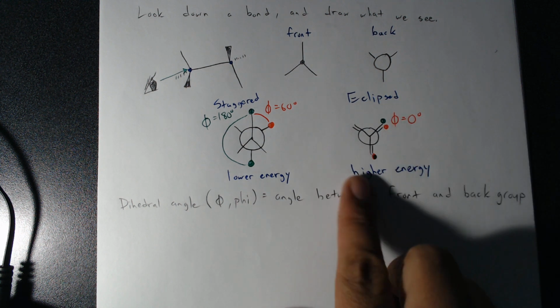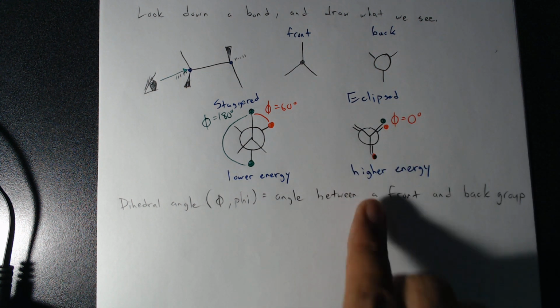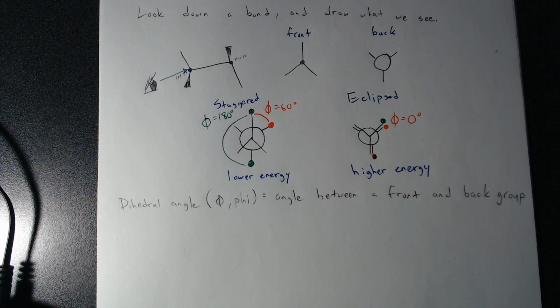And the biggest barriers are the eclipsed conformations. If we can't push through the eclipsed conformation because it's so high energy, we actually can't even get to it. So it effectively acts as a wall for your bond rotations. All right, so once again, in general, staggered conformations are lower energy, meaning they're more stable, more favored. That's the general trend in this class. Things that are lower energy are favored, and things that are eclipsed are not favored.